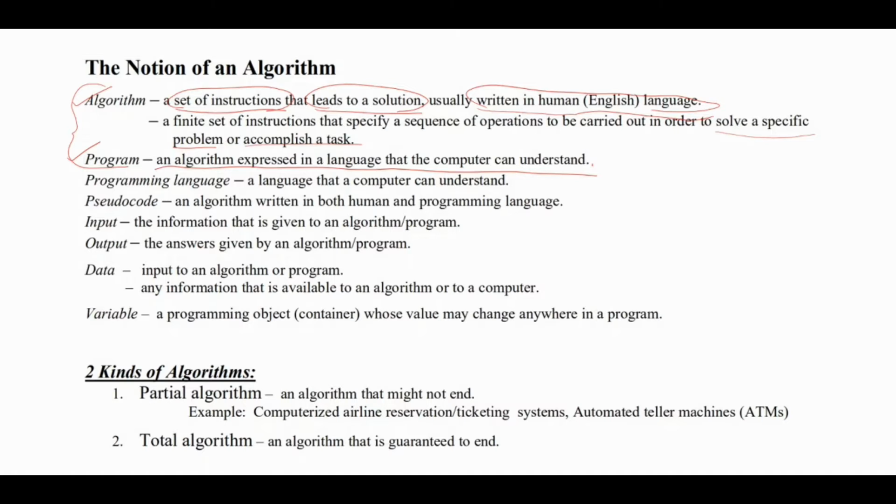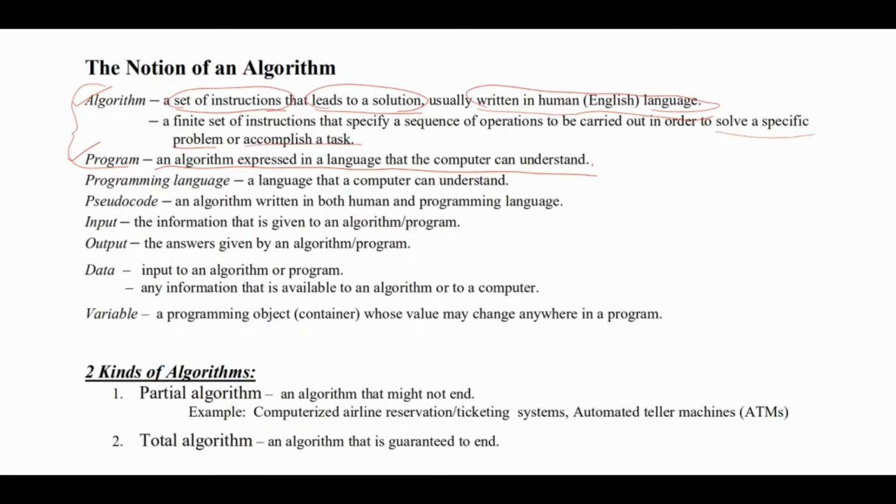Say, for example, if the programmer, the one who writes the algorithm, is Japanese, then most likely his algorithm is written in the Japanese language. Or if the programmer is a German national, then he would most likely write the algorithm, the set of instructions to solve the problem, in his native language, the German language.